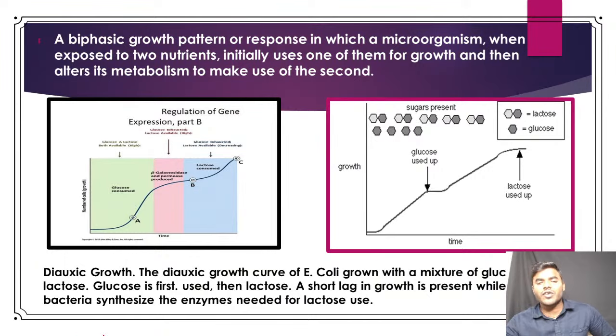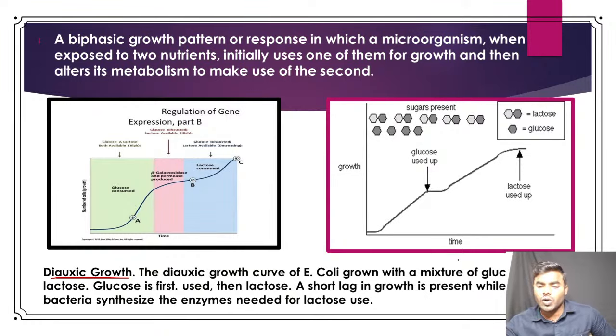Two lag phases will be observed only in the Diauxic growth curve. Now the question is very clear, when can the bacteria show the Diauxic growth curve? Can the bacteria show the Diauxic growth curve every single time? No, that is an absolutely wrong statement. Diauxic growth curve cannot be shown every time.